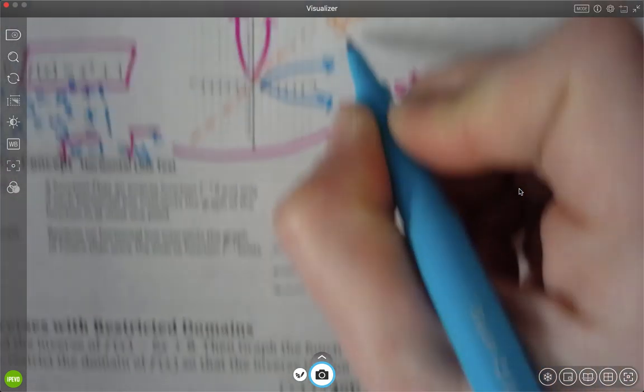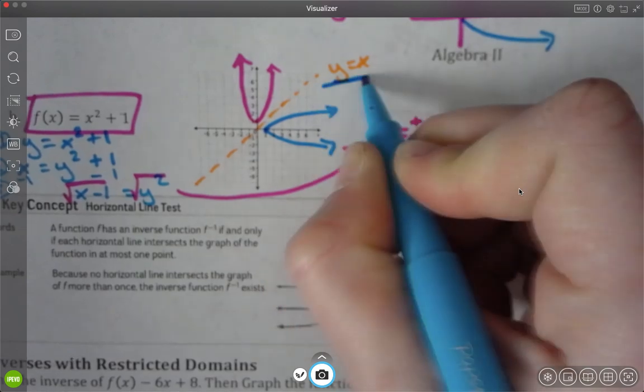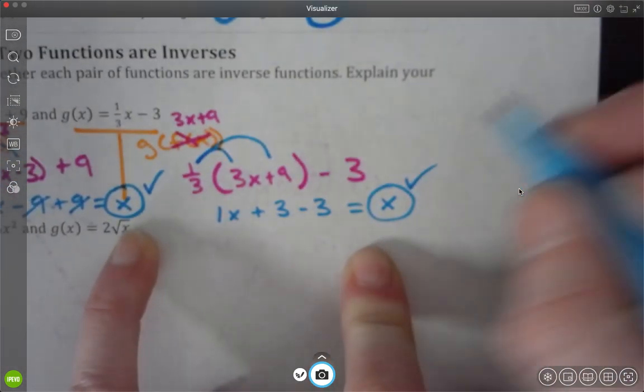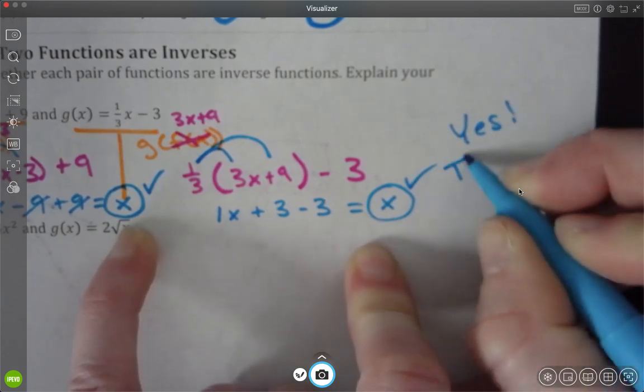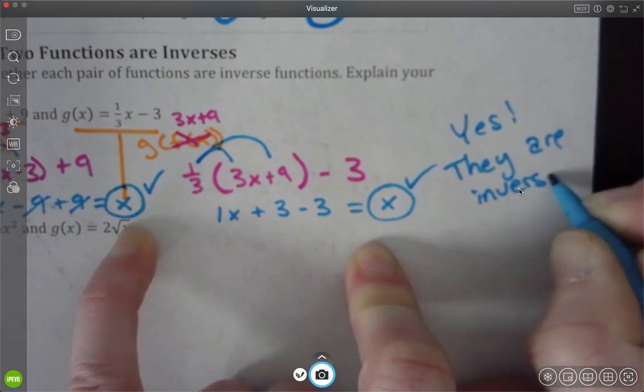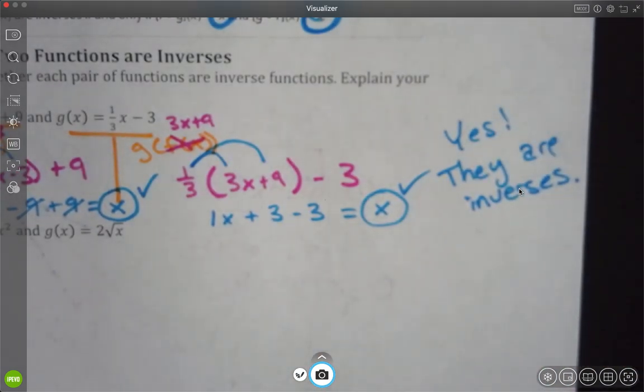Because what's the name of this line right here? Y equals x. So if both of those come out to be x, yes, they are inverses. You see how that works? Yes, they are inverses. Check. Because both sides came out to be x's, we are good to go.